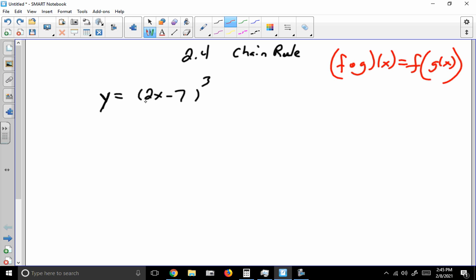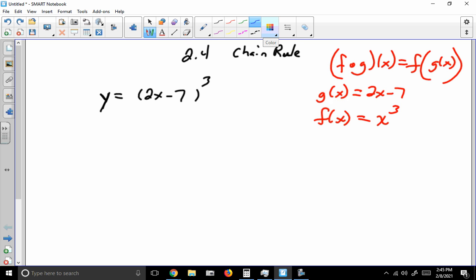So in this case, our inside function is 2x minus 7. Our outside function, well, we have something to the third power. So our outside function would be x cubed, something to the third power. So this is being plugged into that.